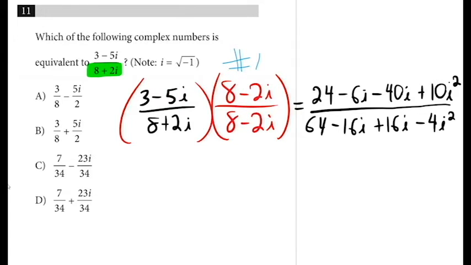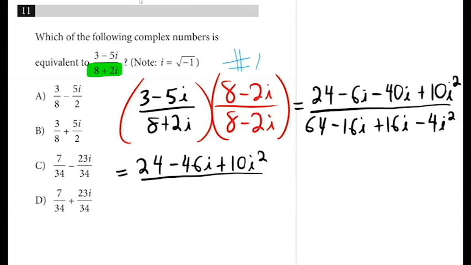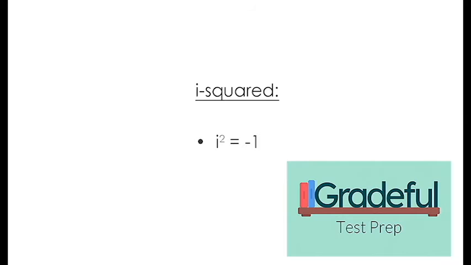Now let's combine like terms on the top and on the bottom. On the top we have negative 6i minus 40i comes out to negative 46i. And on the bottom, negative 16i plus 16i cancels out, so that totally disappears, leaving us with 64 minus 4i squared. Now another super important property to know is that i squared is equal to negative 1.